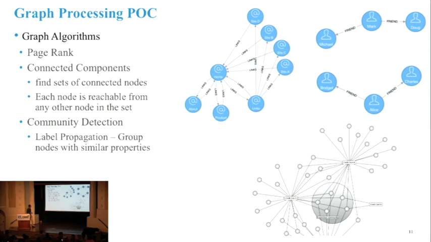The other one is connected components, which helps you discover subgraphs in which each node is reachable from every other node. And we also used community detection, for detecting groups of nodes. Especially in the collusion case, you can see a community of nodes colluding with each other, and community detection helps to detect those clusters.